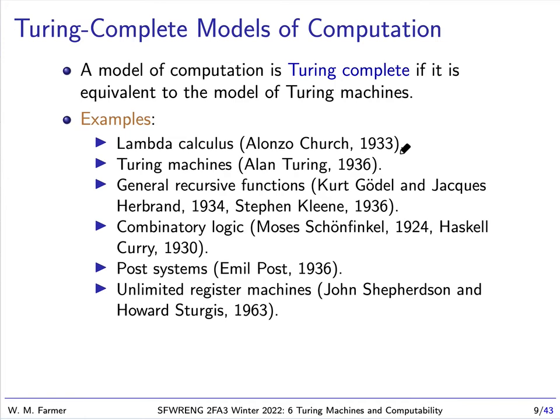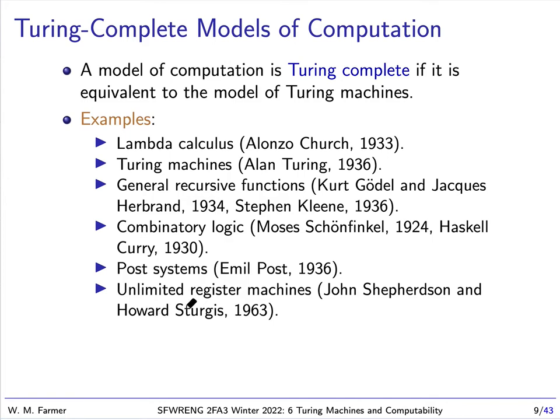General recursive functions, developed by Kurt Gödel and Jacques Herbrand, with the help of Stephen Kleene. Combinatory logic, which was developed by Moses Schönfinkel and Haskell Curry. And Post systems, developed by Emil Post. You can see these are all developed roughly in the same decade or so.